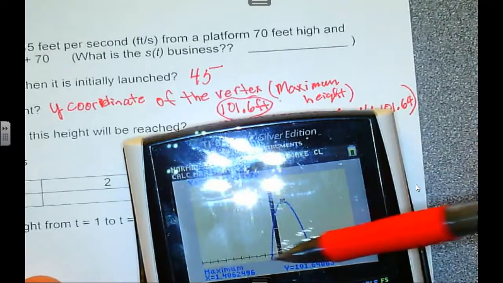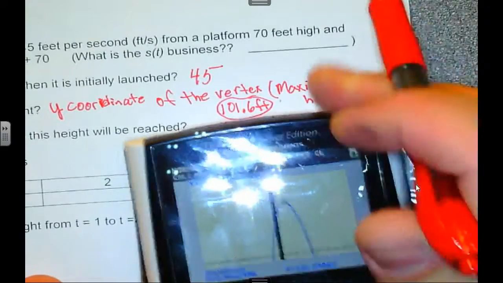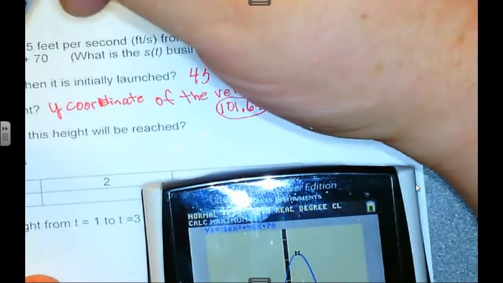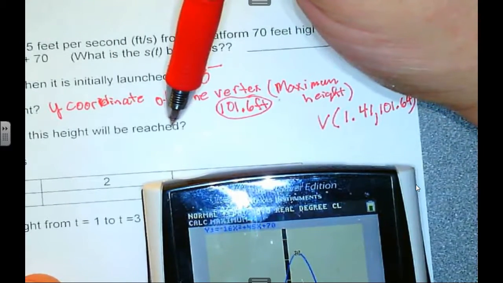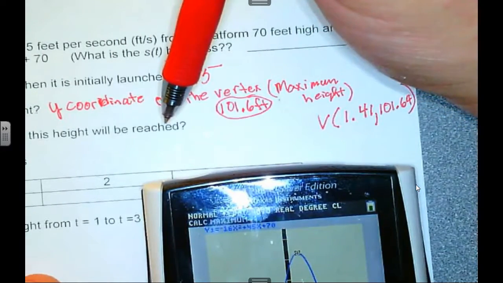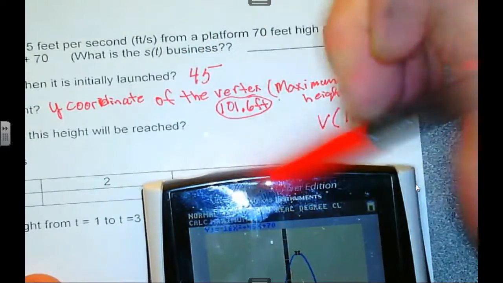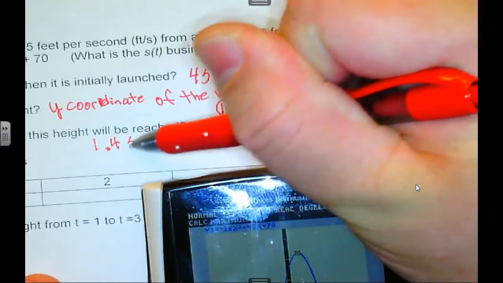My x-axis is my t, or time. Okay, so my maximum height here is 101.6. Now, how many seconds have elapsed when this height will be reached? That's going to be your x value, because x represents the time. So it's going to be at 1.4 seconds. Okay?